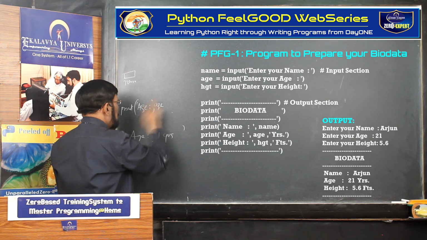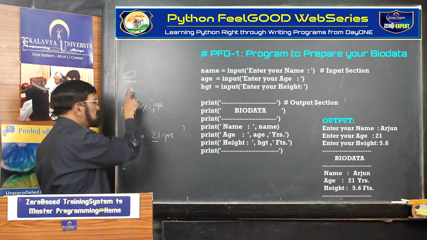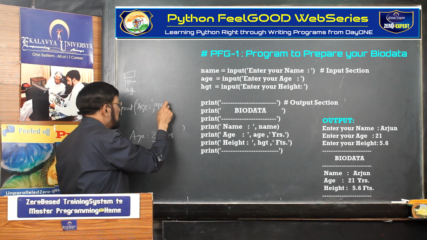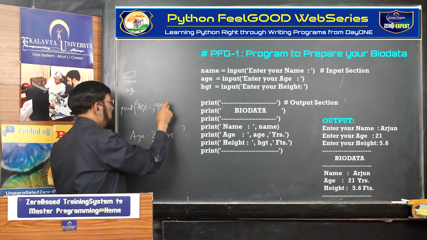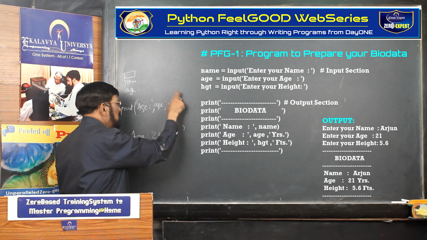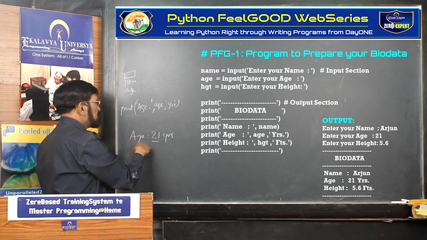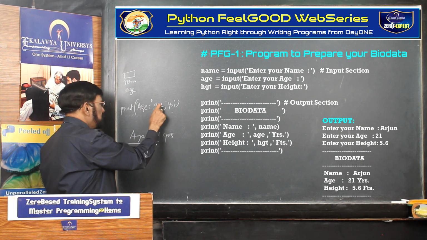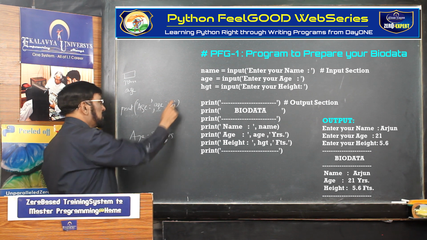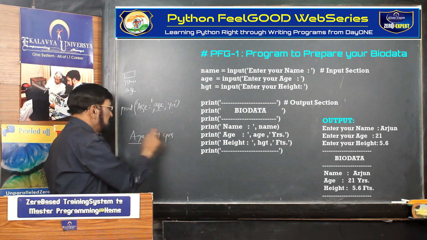Thereafter, age you write, the age stored in lowercase age. After this, one comma. Then one more label you want to write, you write that. As a result, because of this string, Age is printed. Because of this variable, 21 is printed. Because of this string again, this is also a label like years.